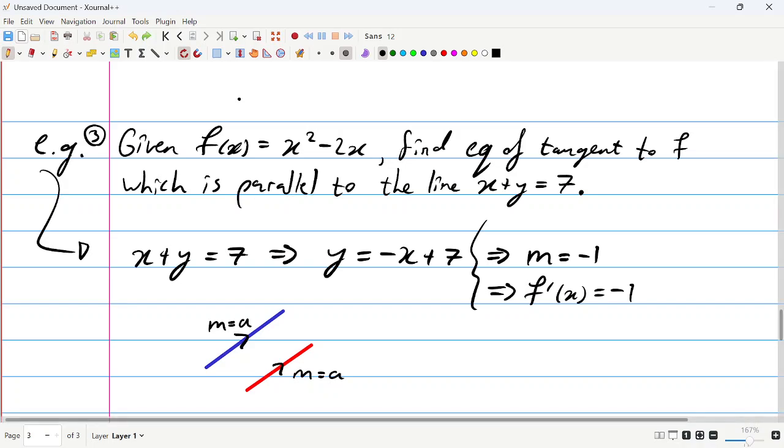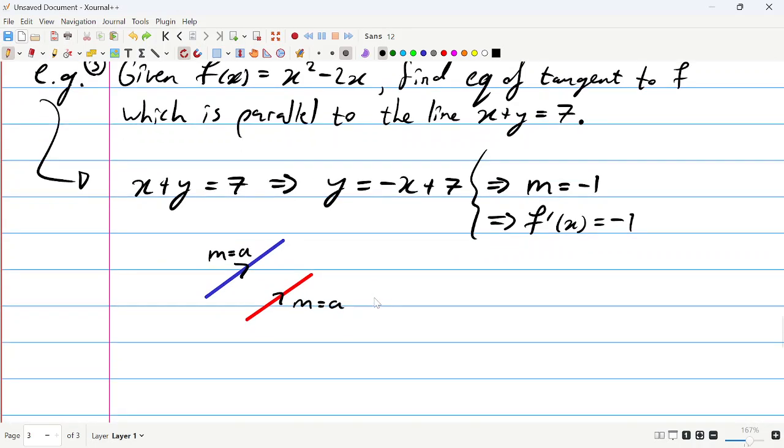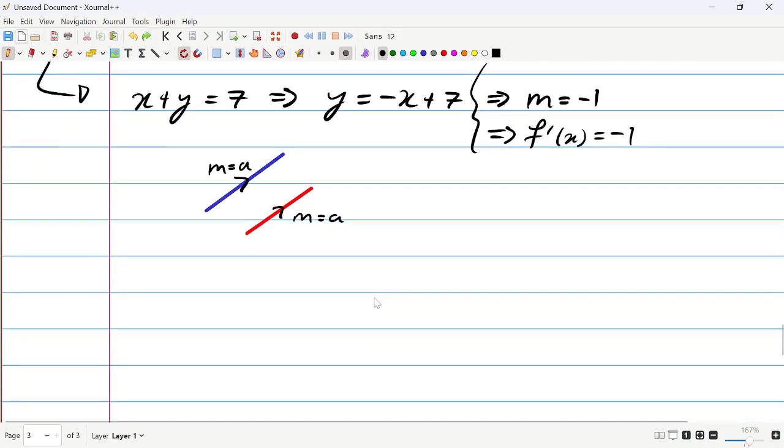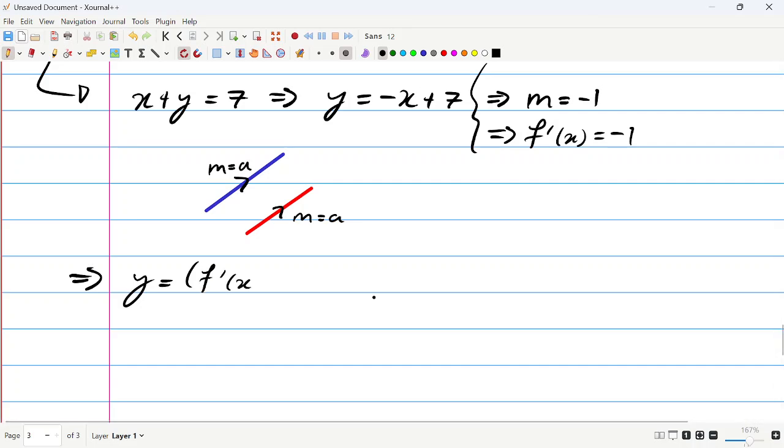So if we found the gradient of the line that they gave us, which was x plus y equals 7, therefore we found the gradient of this tangent, the tangent of this function f. So therefore, when we want to get it in the form of y equals mx plus c, we'll say f prime of x, so at the point obviously, x plus c.